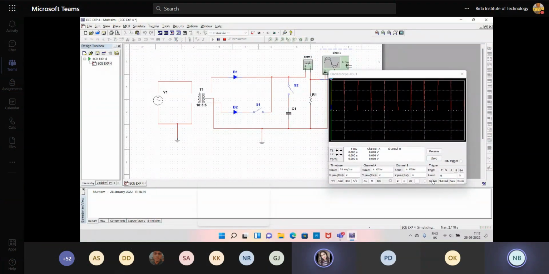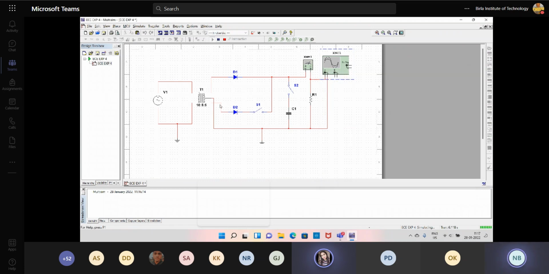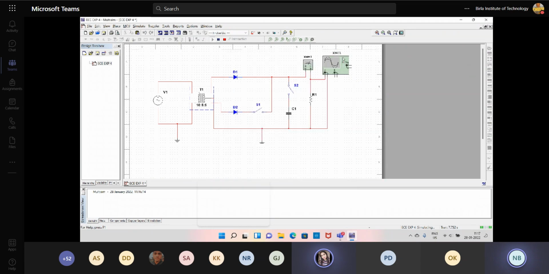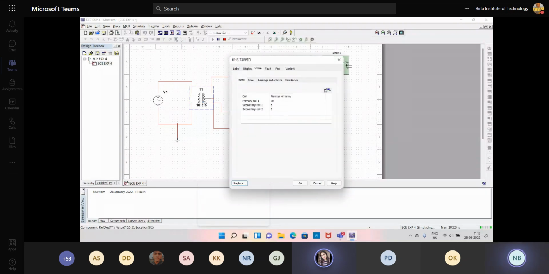Now you can change the scale in that voltage division. Sir, you even showed a 10:1 ratio, I guess. Okay, that part you can check. Yes, you can make it 1:1.